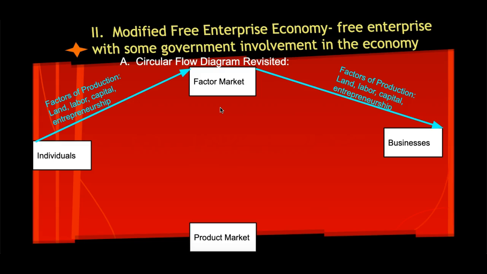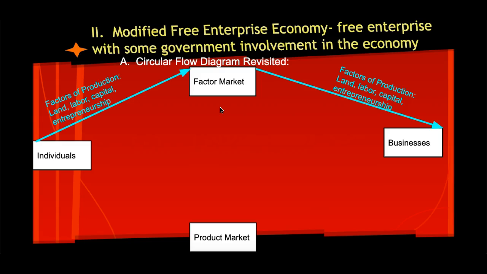So for example, if we're trying to sell land, our factor market might be a real estate agent. They're going to help me sell my land. If I have labor and I'm trying to get a job, my factor market might be a job website, like Indeed.com or LinkedIn.